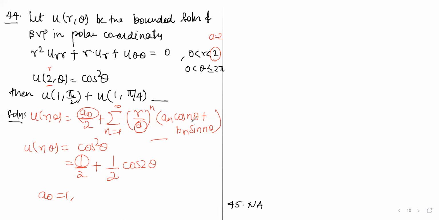And remember, if I put n equal to 2, I'm getting this thing, so that means this will be my a2. So a2 is half. So I got a0 and a2. Now rewrite this equation again. You get u of r theta equals 1 by 2 plus, it will be simply r square, because the first term is 0, rest of them are 0.